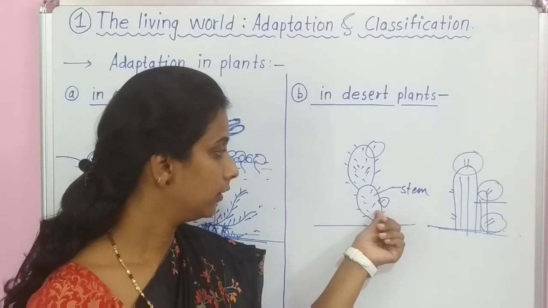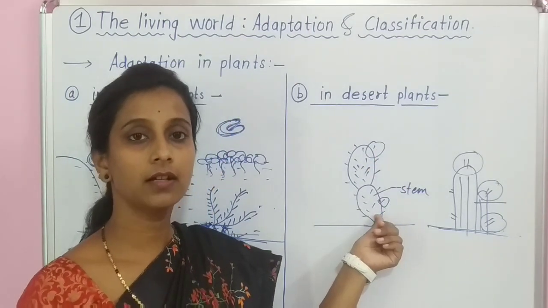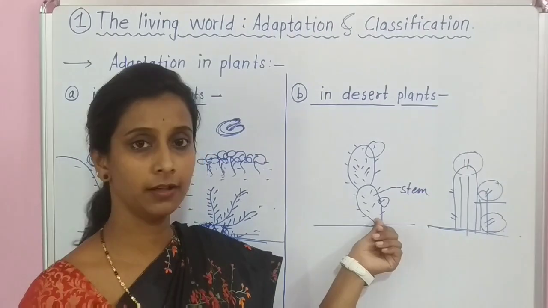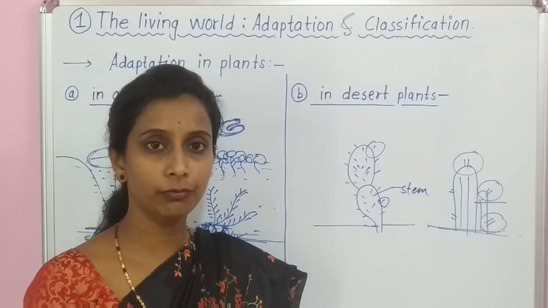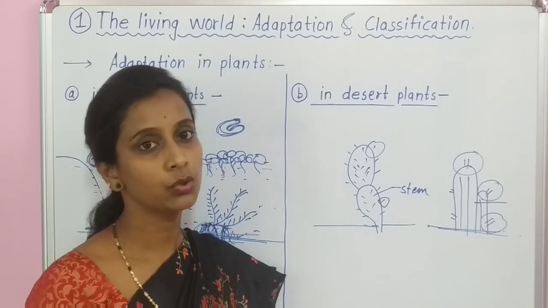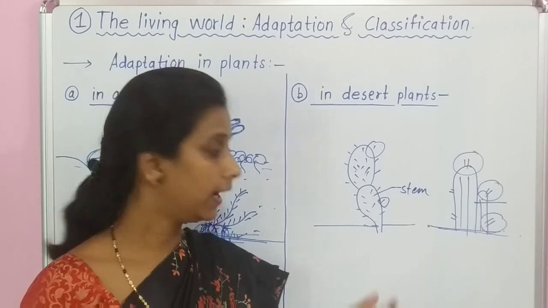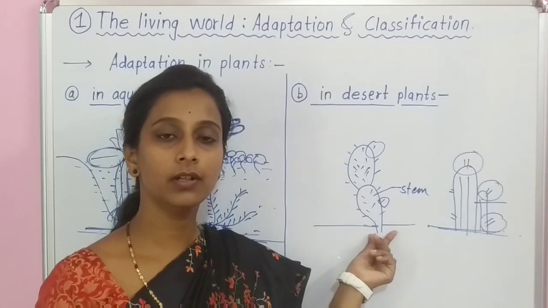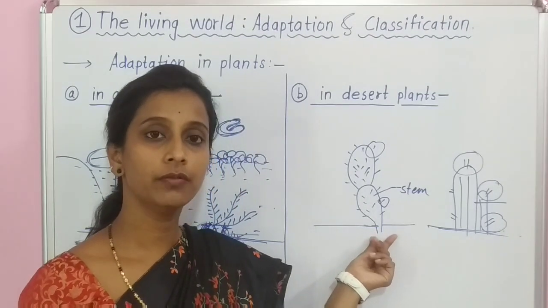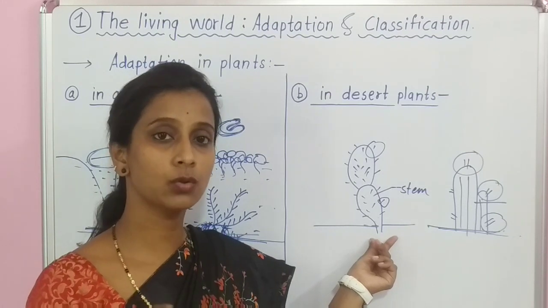The stems perform photosynthesis, so they look green in color, and they store food and water inside them, so they are fleshy and soft.